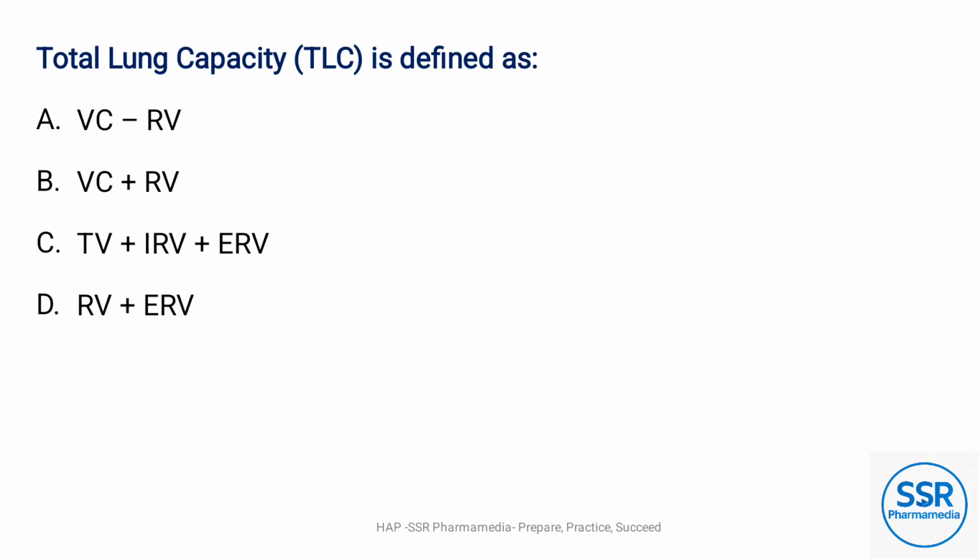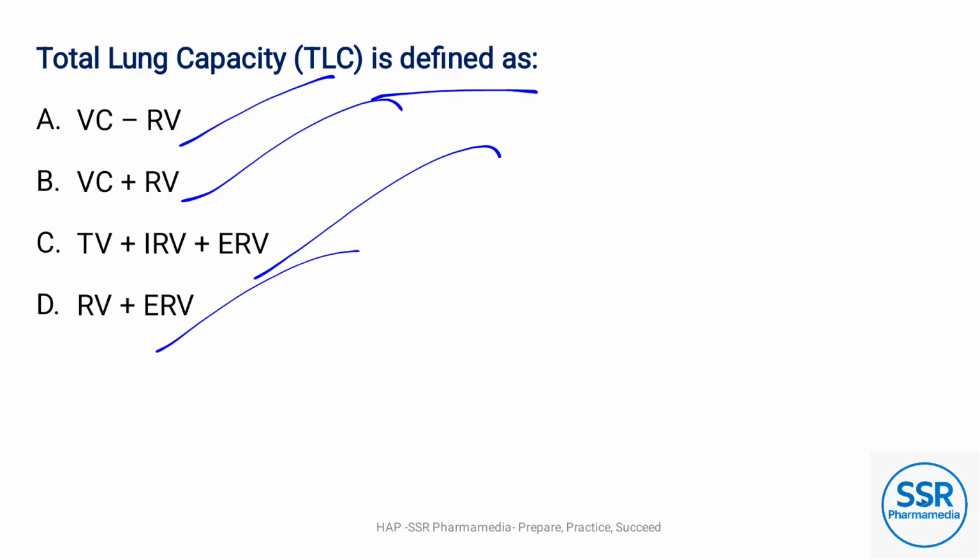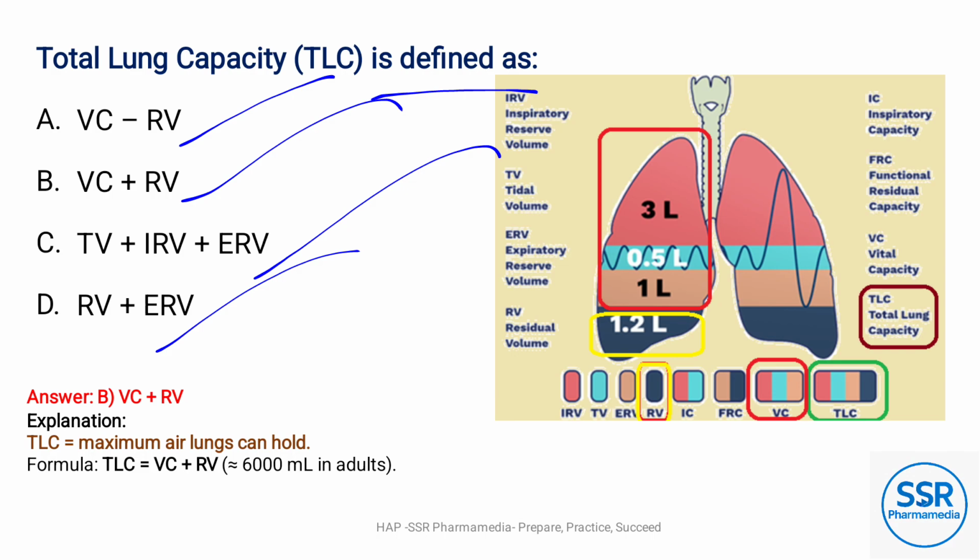Next, total lung capacity is defined as: option A, vital capacity minus residual volume. Option B, vital capacity plus residual volume. Option C, tidal volume plus inspiratory reserve volume plus expiratory reserve volume. Option D, residual volume plus expiratory reserve volume. So the answer is option B, vital capacity plus residual volume.